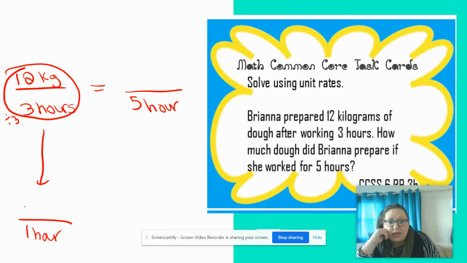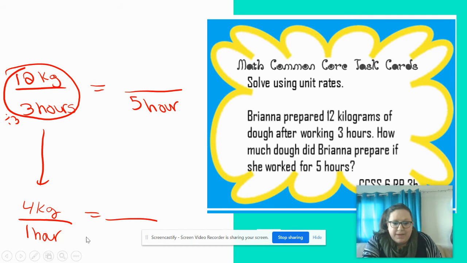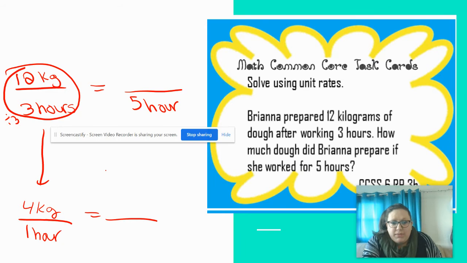12 divided by 3 would be 4 kilograms per hour. Since I simplified that, I can now go from 1 hour to 5 hours. 1 times 5 is 5, and 4 times 5 would be 20 kilograms.